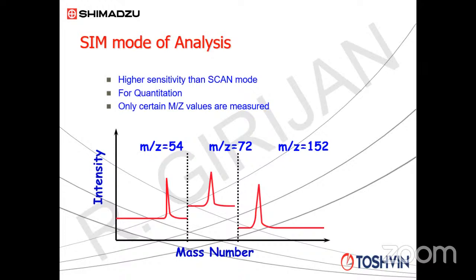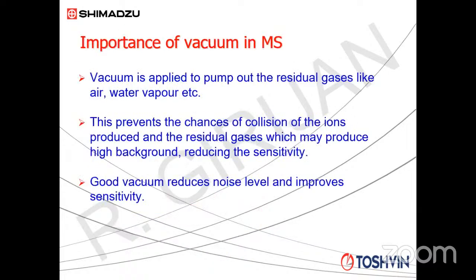So we have only 3 different DC to RF ratios, one for 54, one for 72, one for 152. When any other ion comes to the detector, the detector will not be able to see it because we have not fixed any ratio for them. So only these 3 fragments will be seen. You get a much better sensitivity for quantitation. But this can be used only for quantitative analysis.